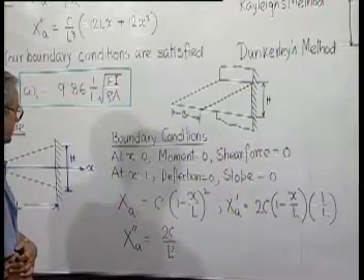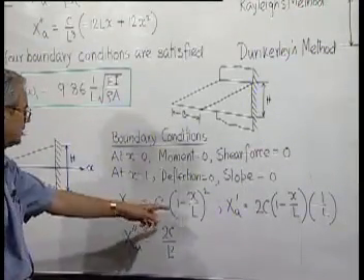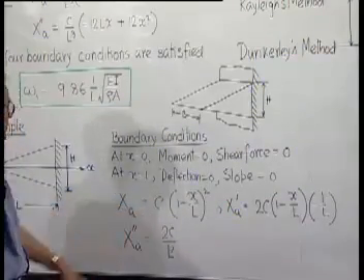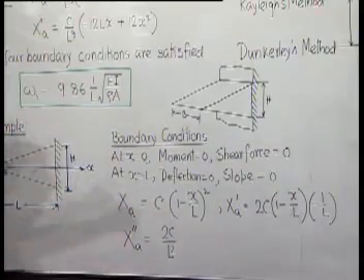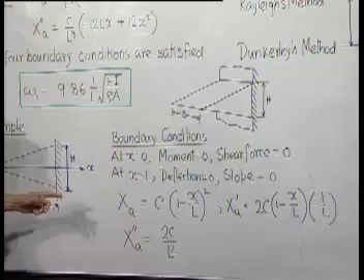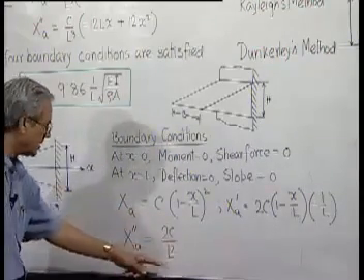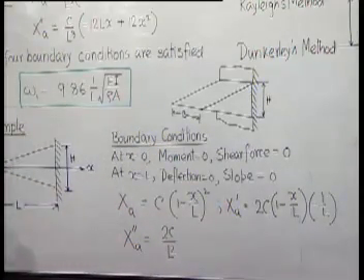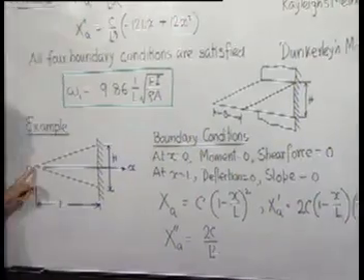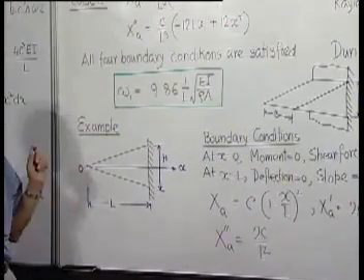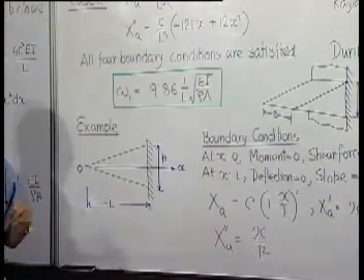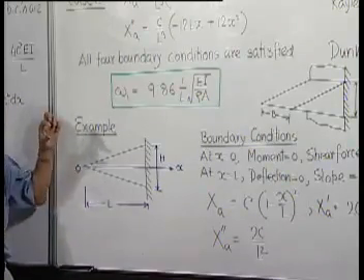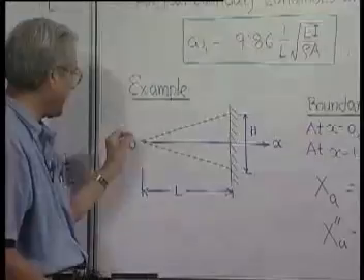At x is equal to 0, is the moment 0? Now, if you try to see whether this is 0 or not, that is not the condition here. Here, the cross-sectional area is 0, since it is coming to a point or a thin edge.